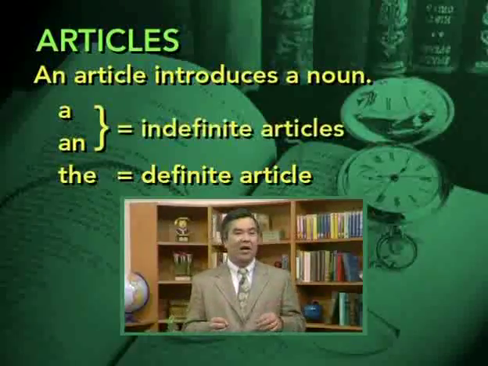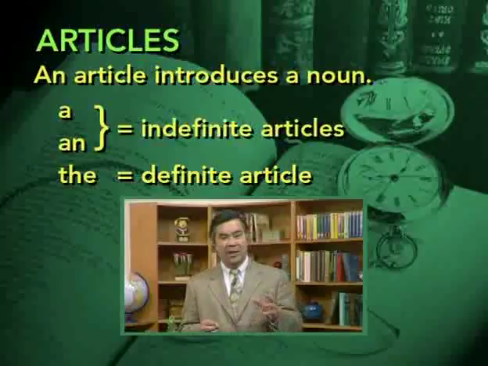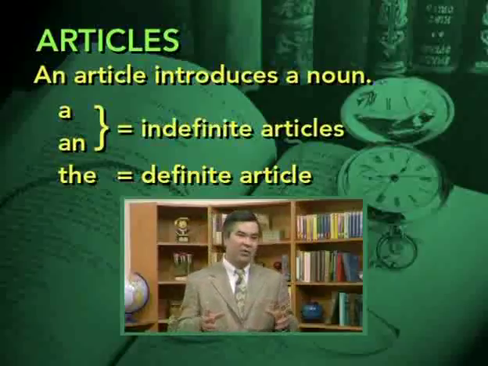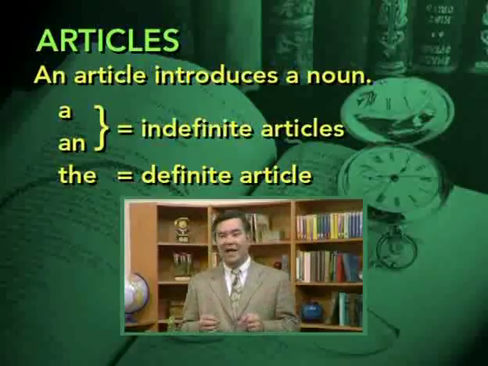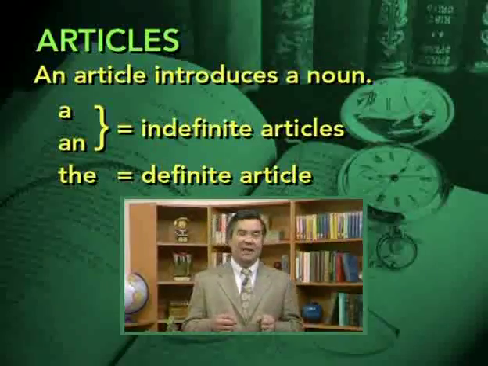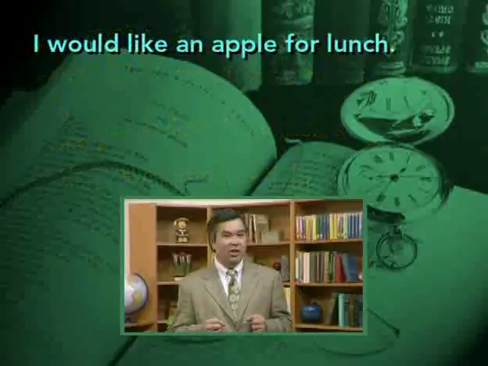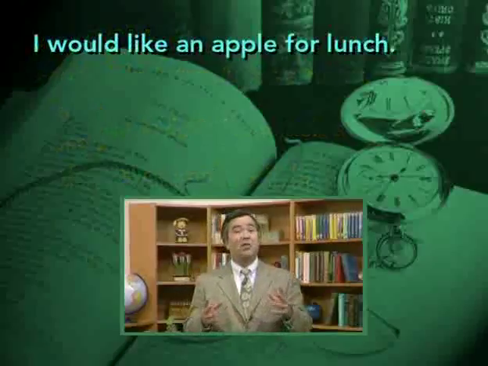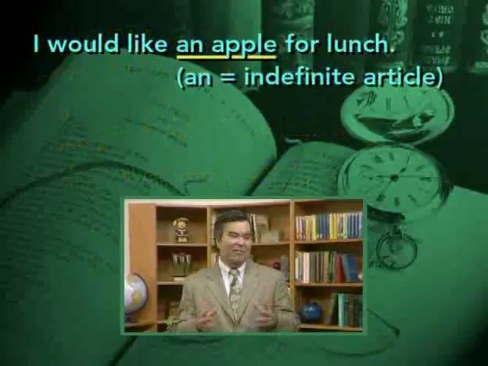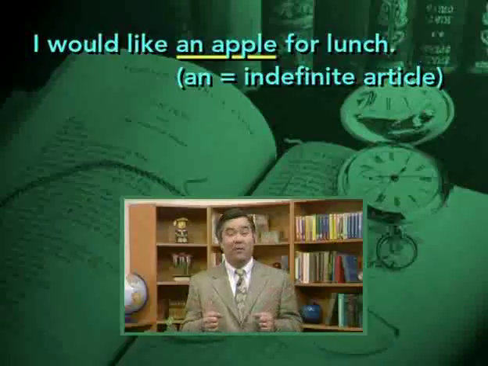A and an are indefinite articles because when they are used, they are referring to any example from within the category. So, for example, if I say, gee, I would like an apple for lunch, I'm not specifying any specific apple. I'm just saying any old apple would be great for my lunch.